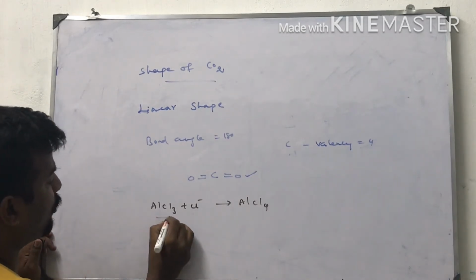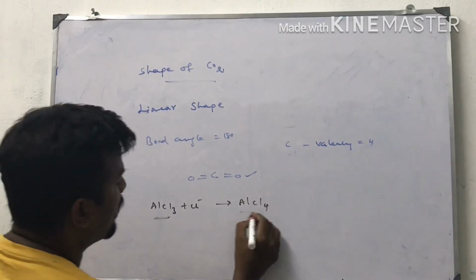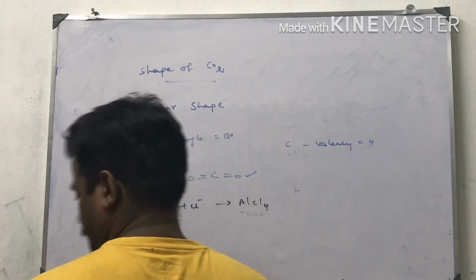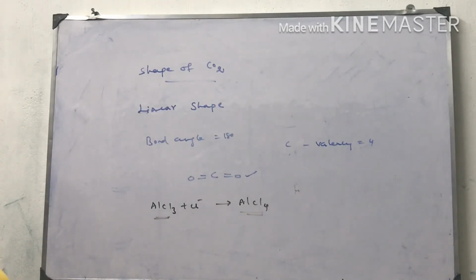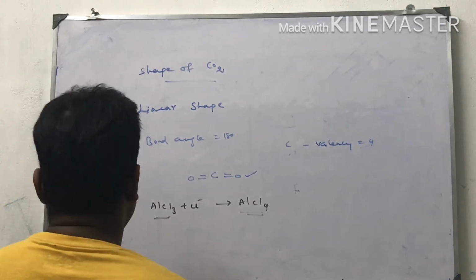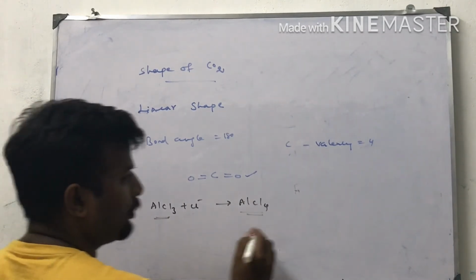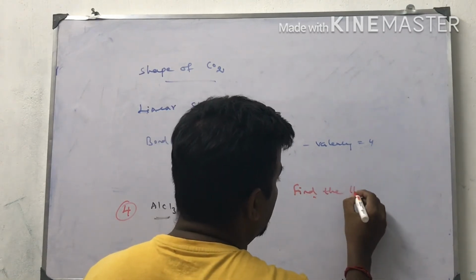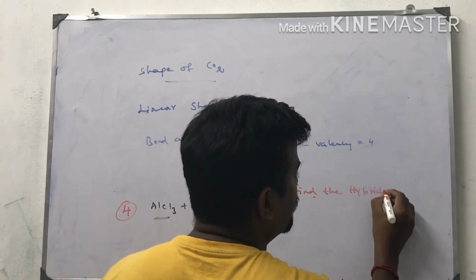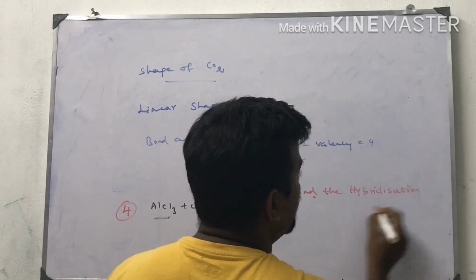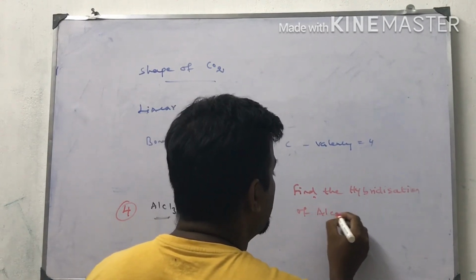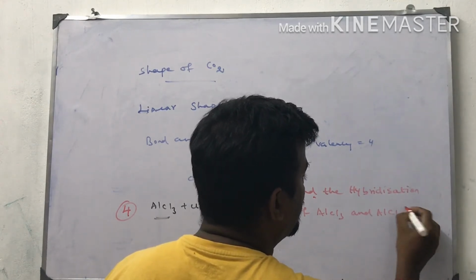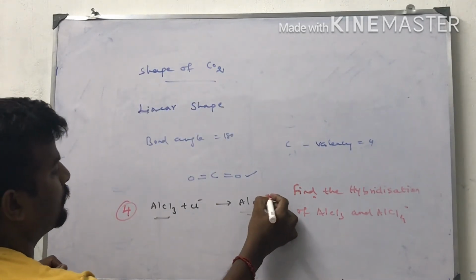In this case, we have to find the hybridization of AlCl3 and AlCl4 minus in this reaction.